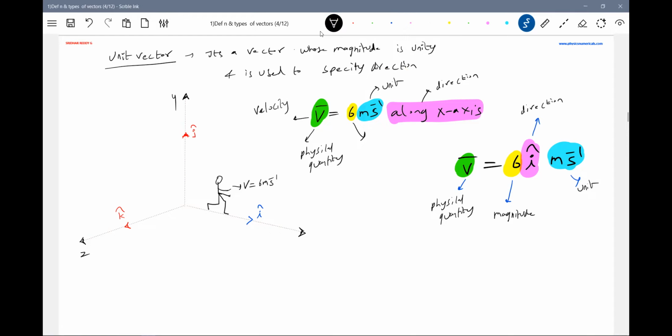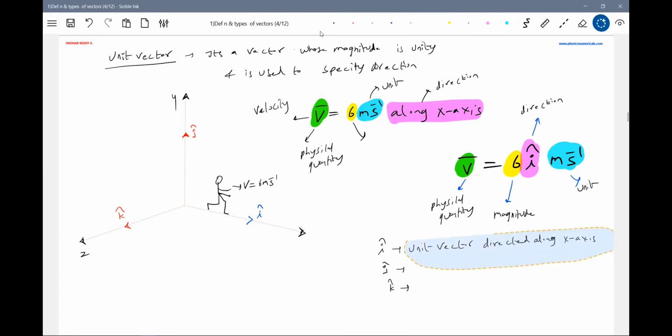So what is I cap? I cap is a unit vector directed along the x-axis. What about j cap? It is a unit vector along the y-axis. Why write it three times? Let me just copy paste it.